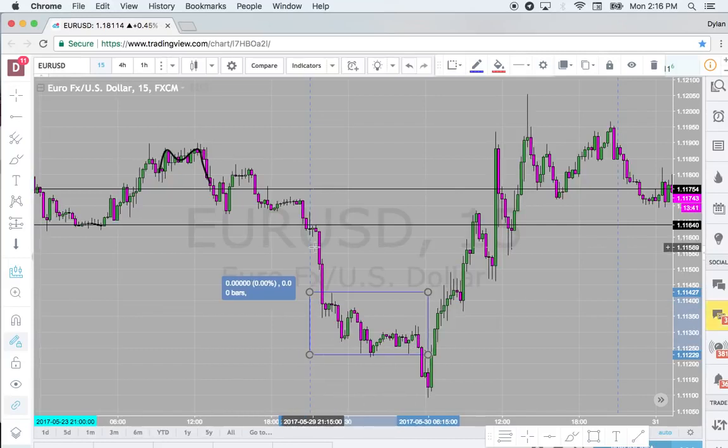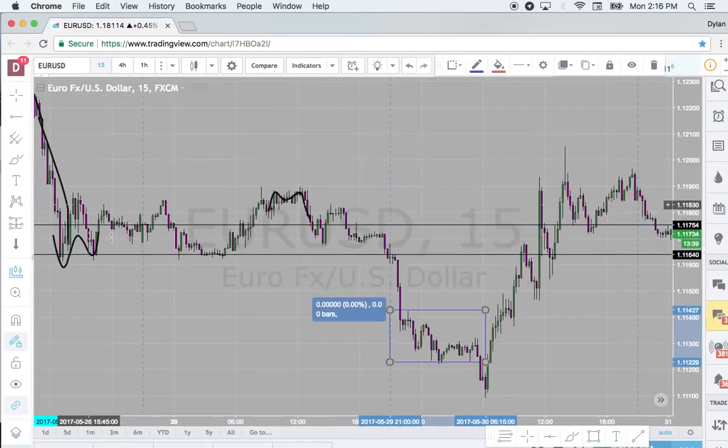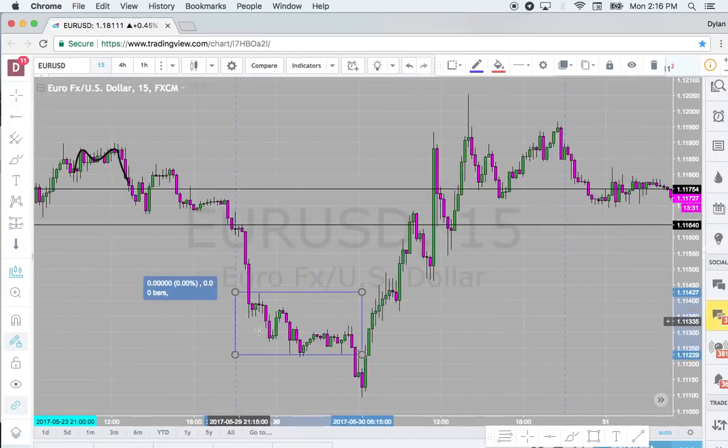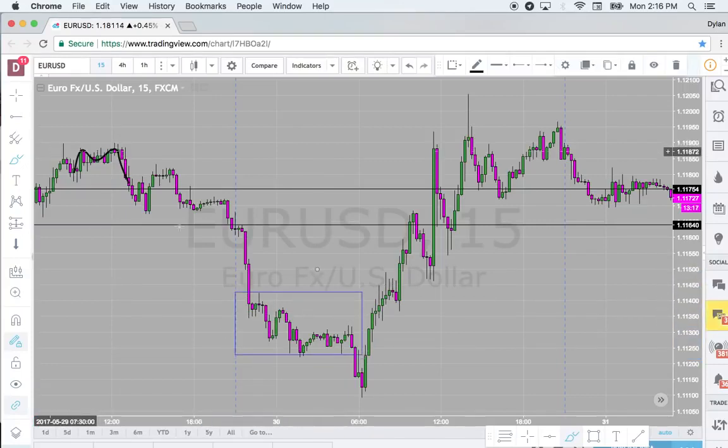If it doesn't consolidate right away, if price starts to move in Asian session, just wait a little bit for the consolidation period to show itself. Because the consolidation period is probably the most important period to understand here, because this is how we understand how the retail traders are reacting to price.